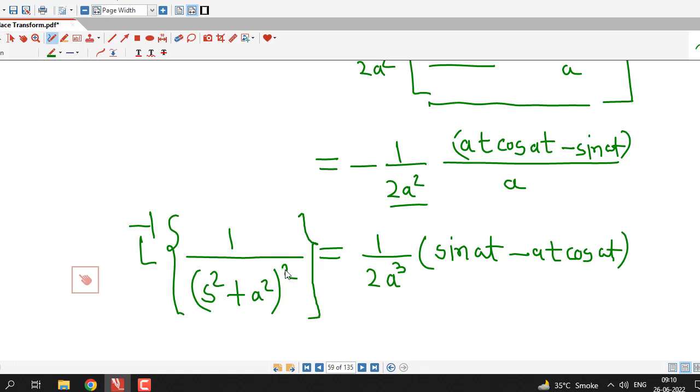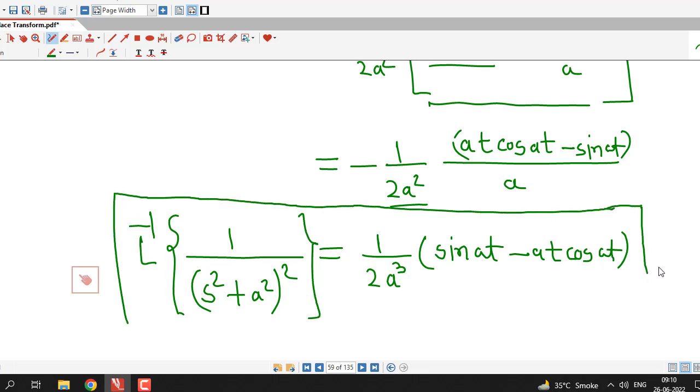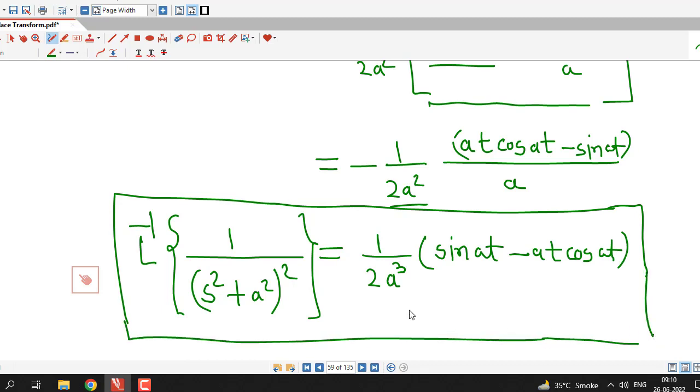So remember this formula also, it will be helpful sometimes in finding the inverse Laplace transform of a function which we can write in this form.